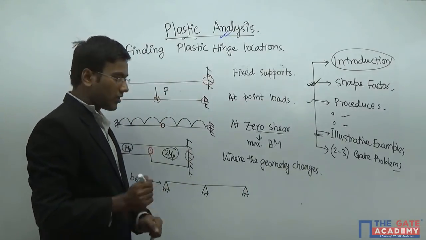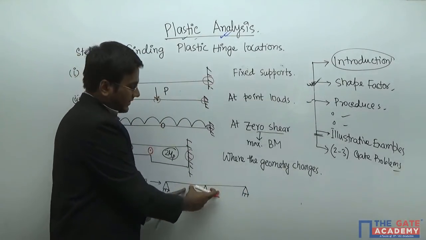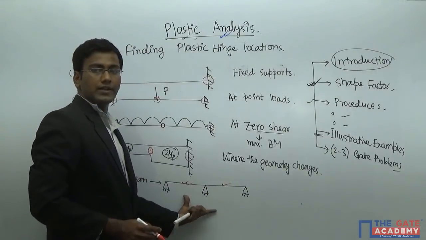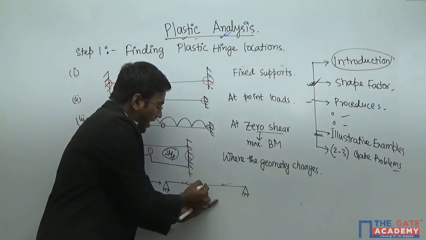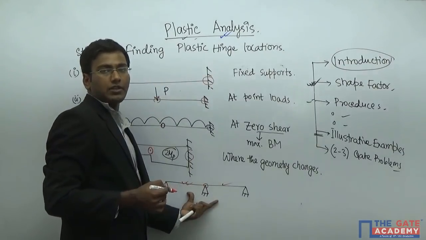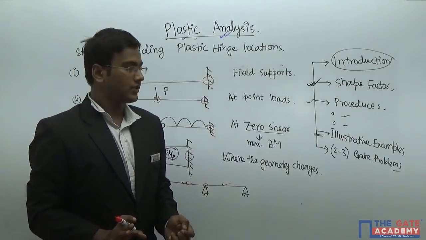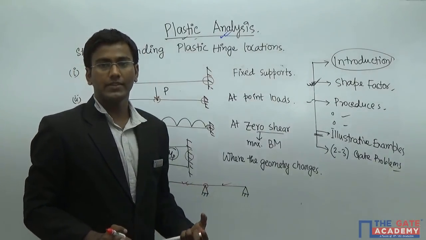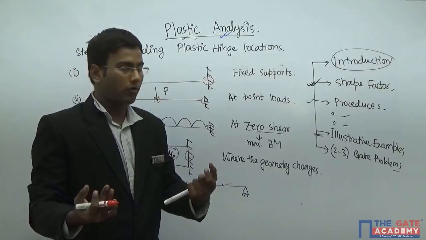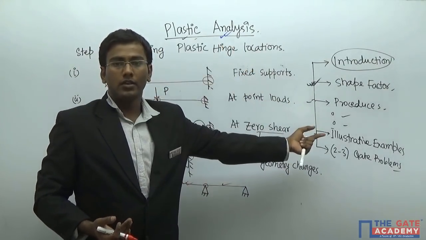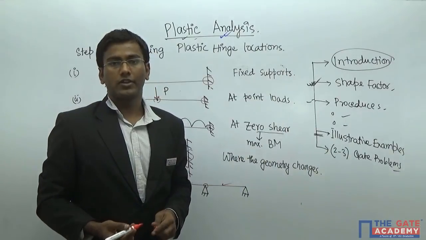So in continuous beam, this is member 1, this is member 2. Two members are meeting at a portion, there a plastic hinge will form. So these are the cases where we have to locate the plastic hinges and carry forward our calculation of plastic analysis by kinematic theorem.